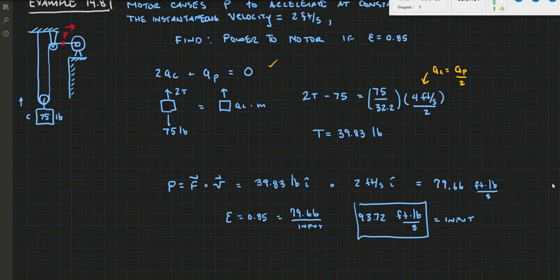And again, this is the amount of power the motor needs to put out because it loses some of this power to different things: vibrations in the cable, friction in the pulleys, friction in the motor itself, heating up in the motor, dissipation of energy, things like that.